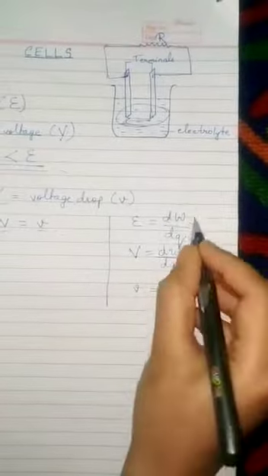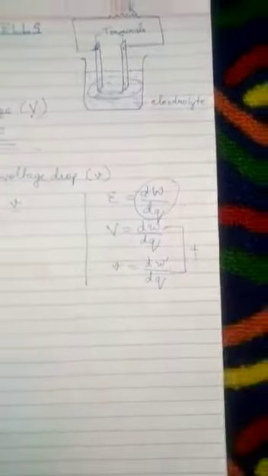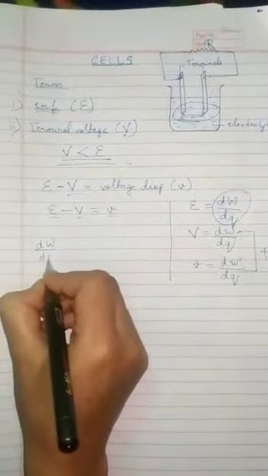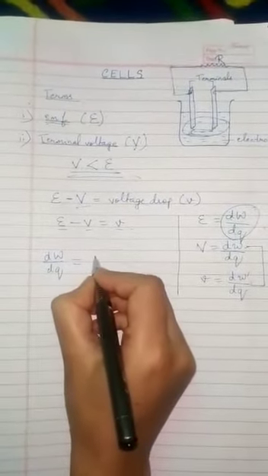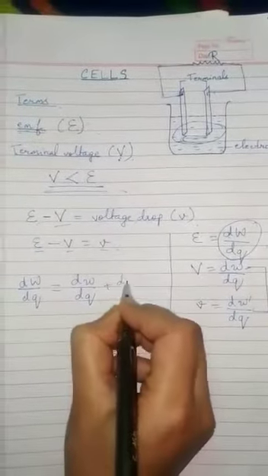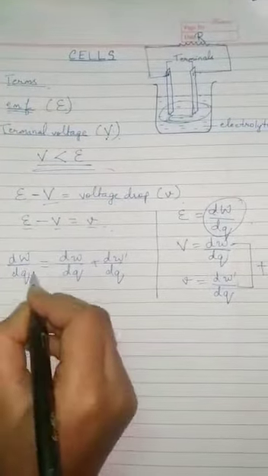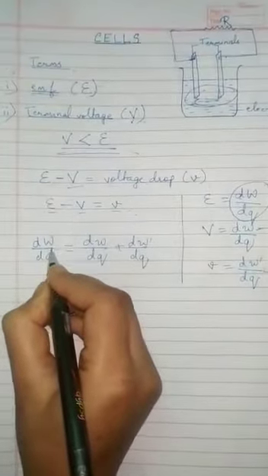Now, this total work done will be equal to the sum of these two work dones. So, let's write it in expression. dw by dq is equal to d small w by dq plus dw dash by dq. This is the work done in taking the charge throughout the cell, that is outside and inside the cell.